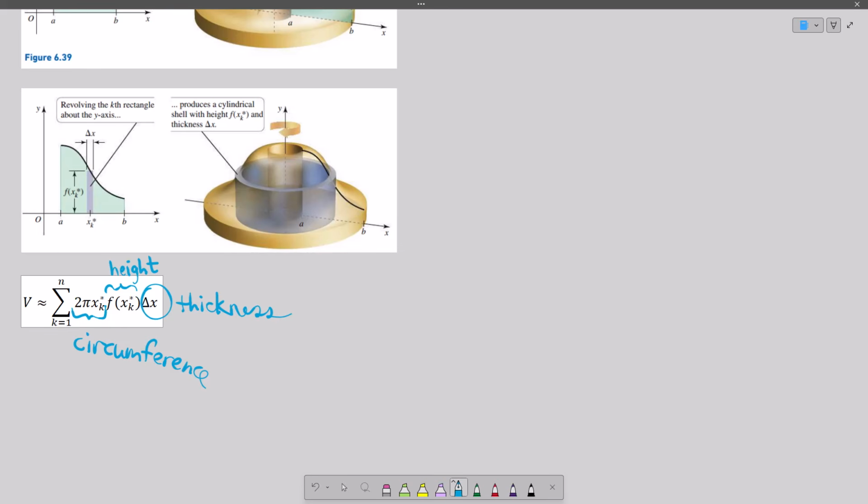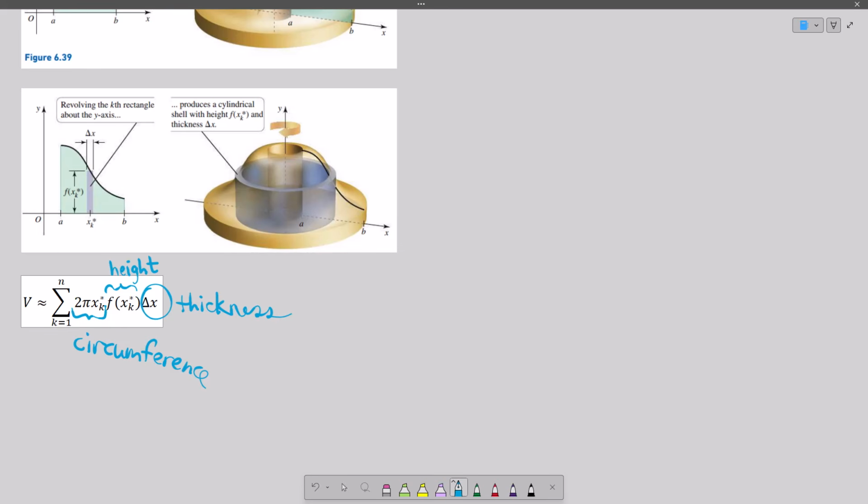It's kind of like when we go from a cross-section to a slice when we add thickness. Same idea here. If you look at everything but the delta x, you've got the area of a cylinder, but then the delta x adds thickness to it, so it's that conversion from a cross-section to a slice. We call these things cylindrical shells, so you can think of the shell as having some thickness to it. And that's a Riemann sum.